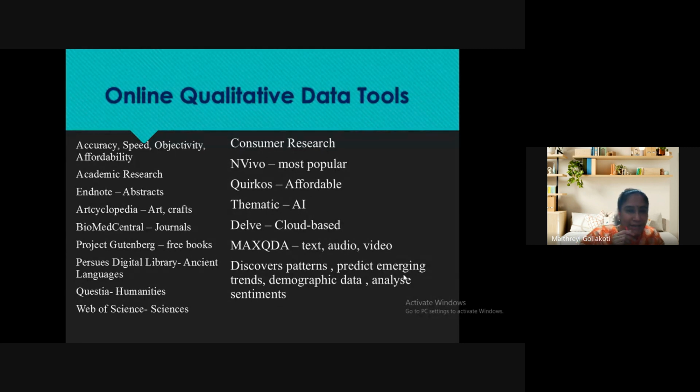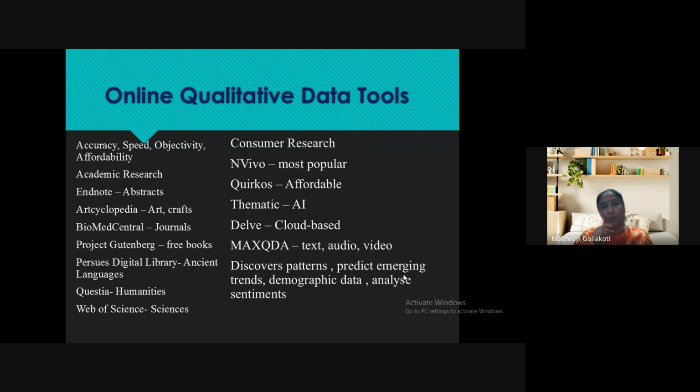So for academic research, it is EndNote, Abstracts, Art Encyclopedia, Biomedical, Project Gutenberg, Perseus Digital Library, Questia, and Web of Science. Now, from these, EndNote and Abstracts are used for literary research mostly. And Art Encyclopedia is used for arts. Okay. And Biomedical, as the name itself suggests, it is for the medical field.